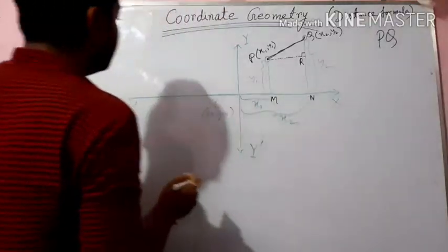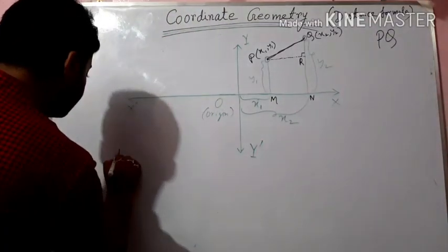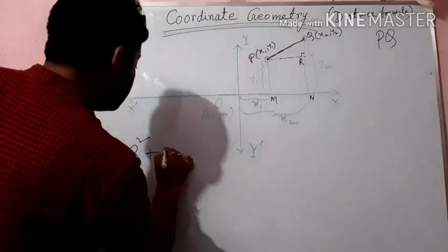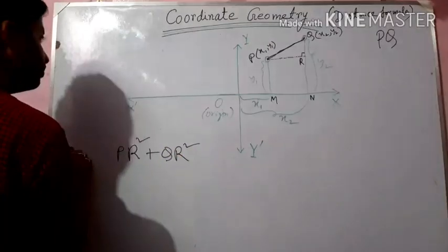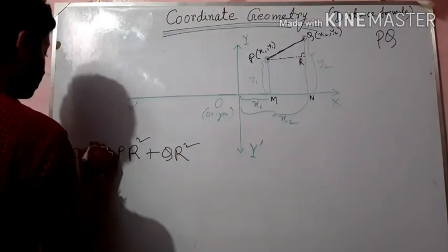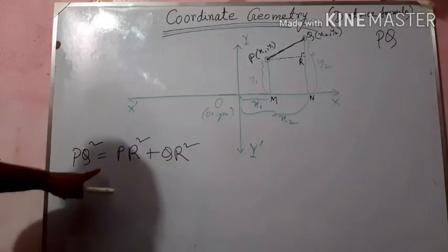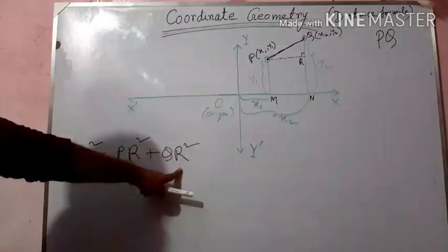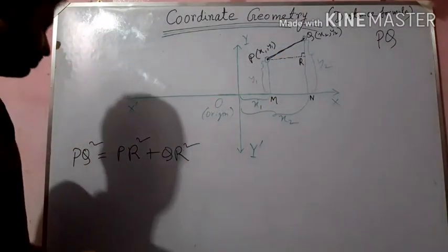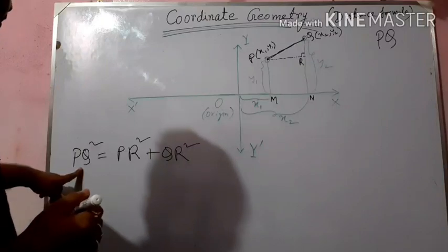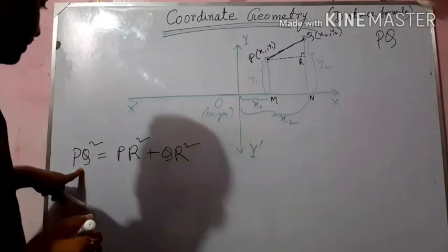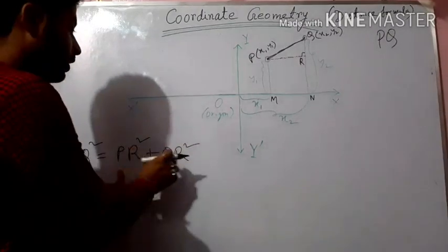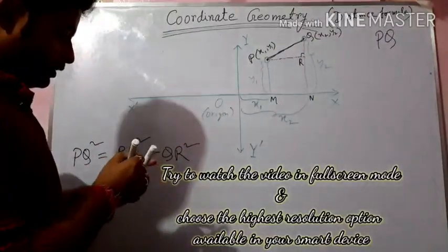So according to Pythagoras theorem, we can write PR square plus QR square, that will be equals to PQ square. This is the hypotenuse, this is the base, and this is the perpendicular of this right angle triangle. Okay, now the length of PQ we don't know, but let's try to find out the values of PR and QR from the image.